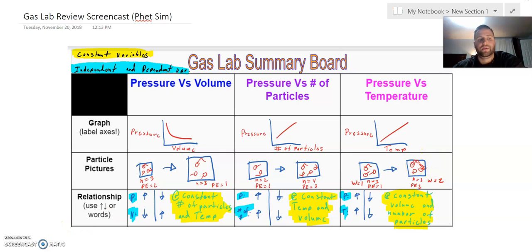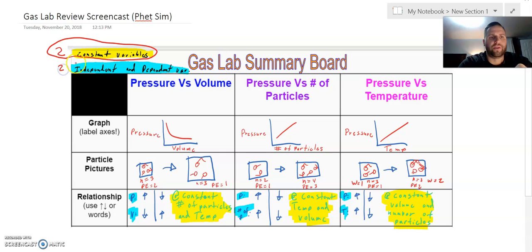Please note that each of these experiments had 2 constant variables, and there were 2 variables that were changed, independent and dependent. Notice that they're color-coded, so they are easy to find here on this colored screen.